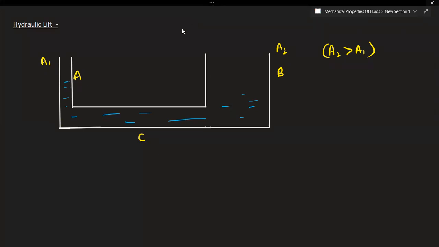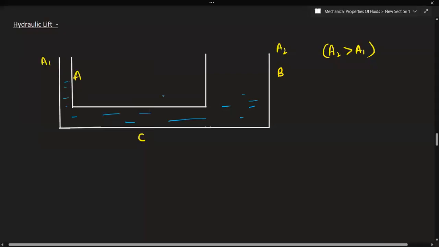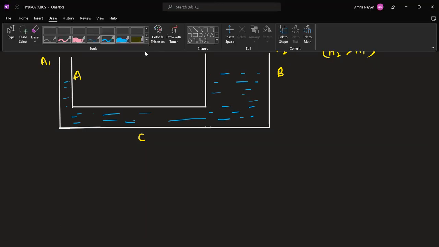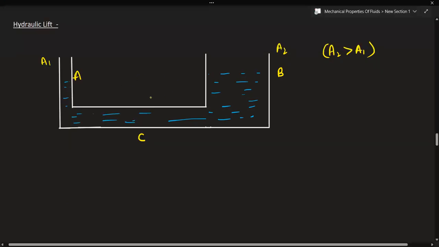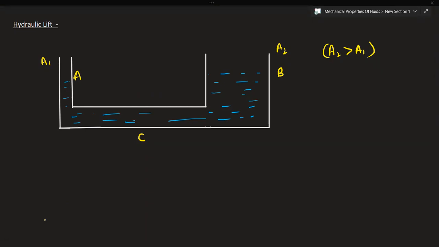Now, this system is filled with water or oil, that is our fluid.